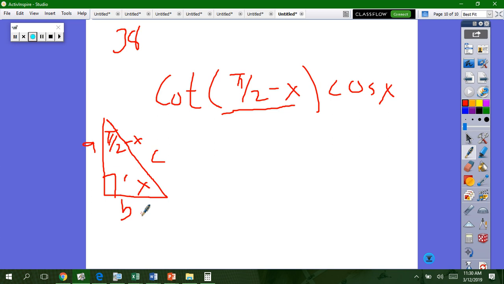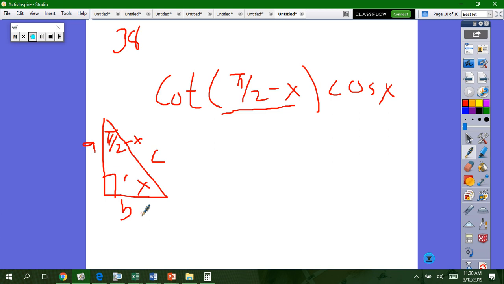Now, if you guys would turn to page 374, it is on there. Like I said, if you want to memorize it, it's awesome, but I just showed you where it came from. Did I get it right that cotangent of pi halves minus x is tangent? It's on the very bottom of page 374. Cotangent of pi halves minus x is tangent.